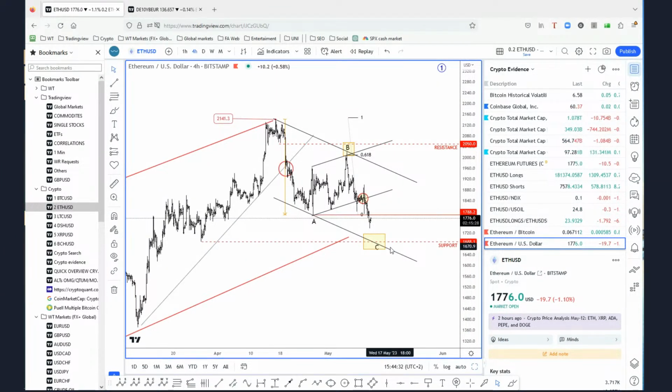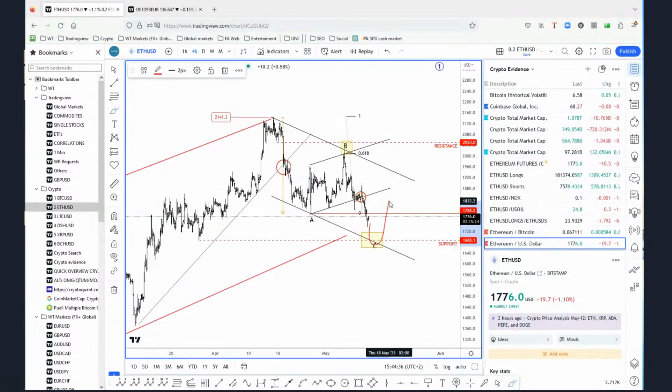So you want to see something like that, a bounce away from it. And then this would be first evidence that this was really an ABC drop and that we are headed back to the upside. Because if on the opposite side, this trend line is broken decisively and you see continuation lower, then usually this will be an indication that this is an extended leg. And then this could even become wave 3 rather than wave C. So that's why, again, it's very important to keep an eye on potential confirmations. I think that very nice support is not far away.